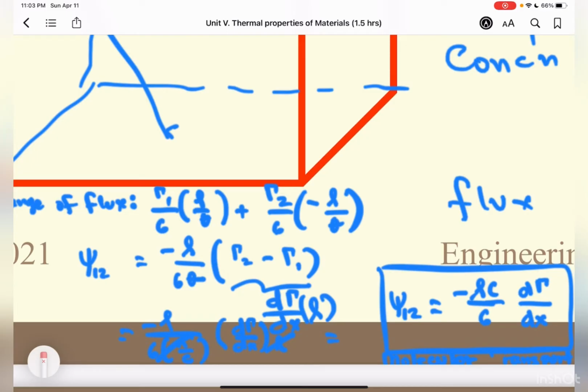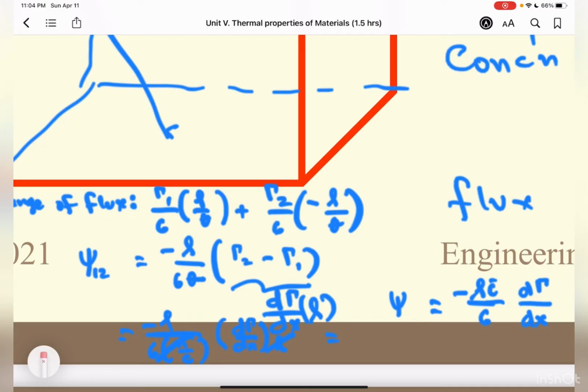Okay, so that's your flux, which is equivalent to negative L C bar over 6, derivative of gamma over dx. Wait, let's fix that.